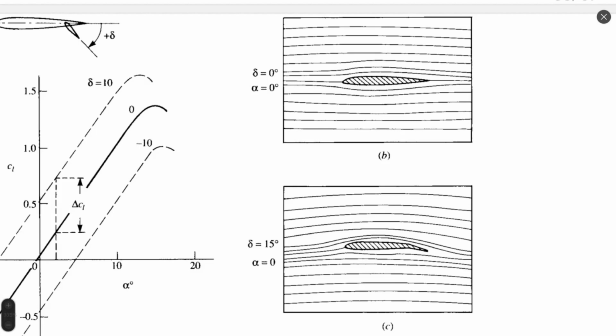And we can observe then for same angle of attack, alpha 0 for both cases, a difference in flow picture once we change flap inclination from 0 to 15 degrees, totally different flow behavior.